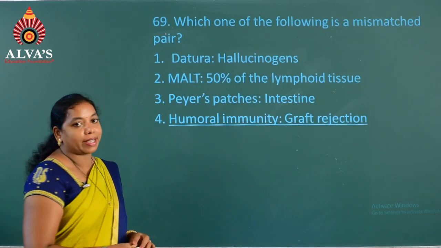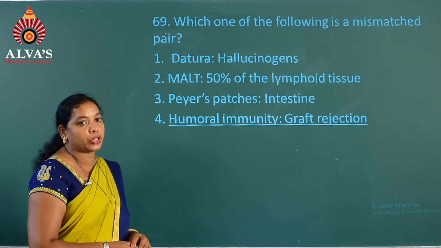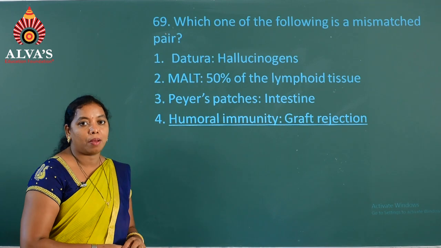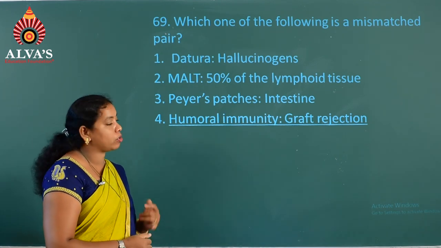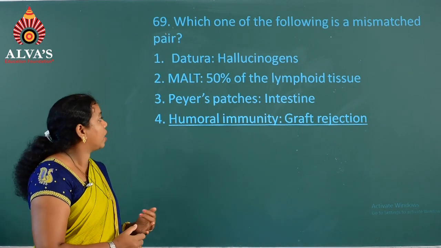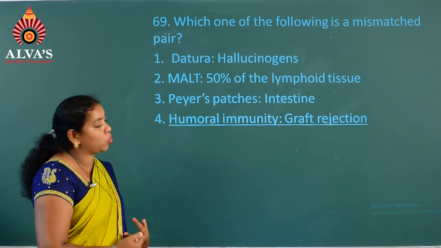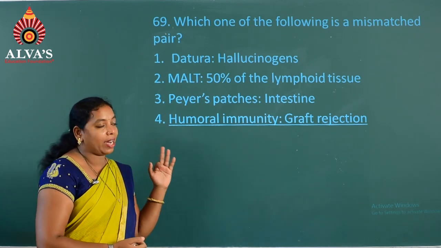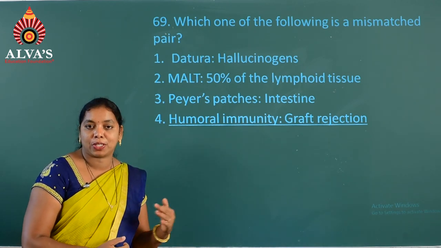The next question, question number 69. Which one of the following is a mismatched pair? For the first option, datura, hallucinogen. Option 2, MALT, 50% of the lymphoid tissue. Third one, Peyer's patch, intestine. Fourth one, humoral immunity, graft rejection. When we analyze these 4 options, we have to identify which one is mismatched.